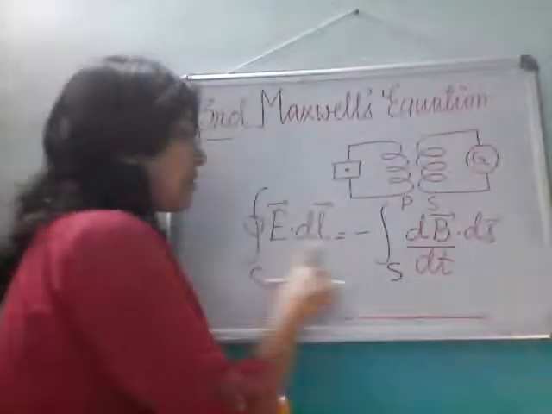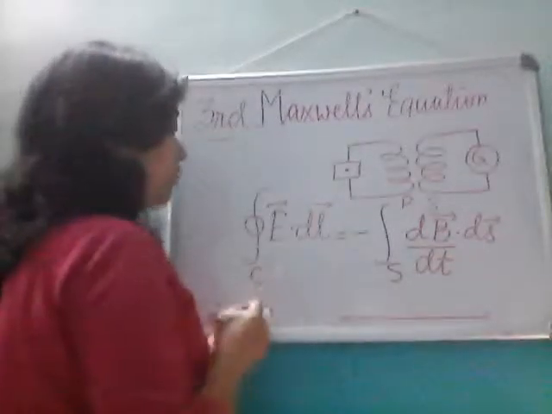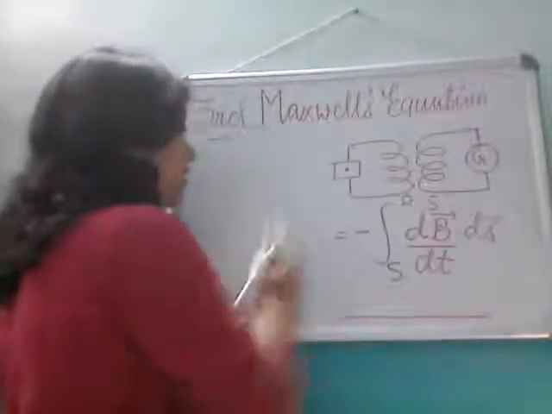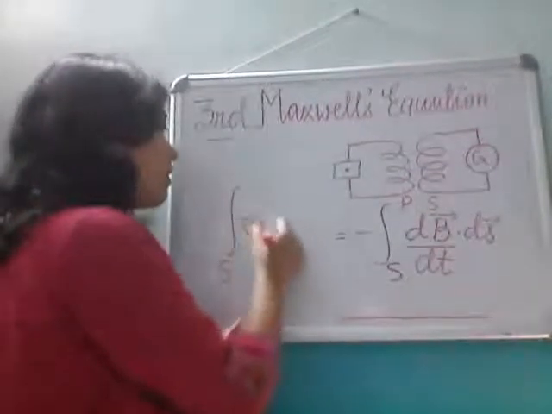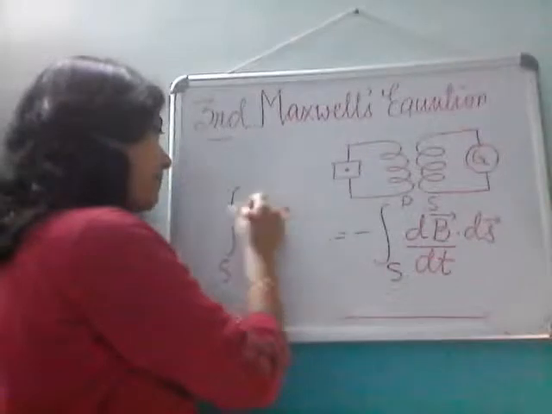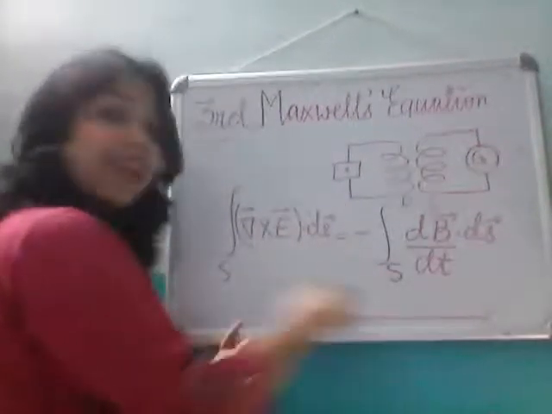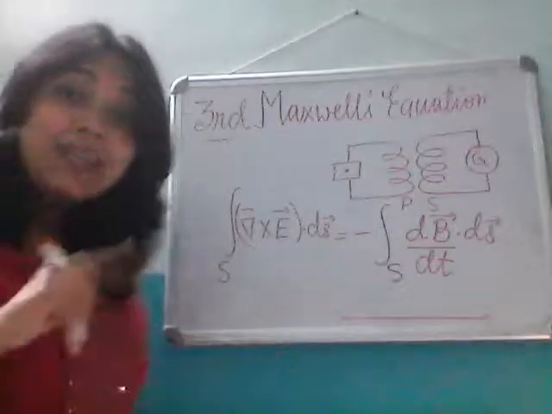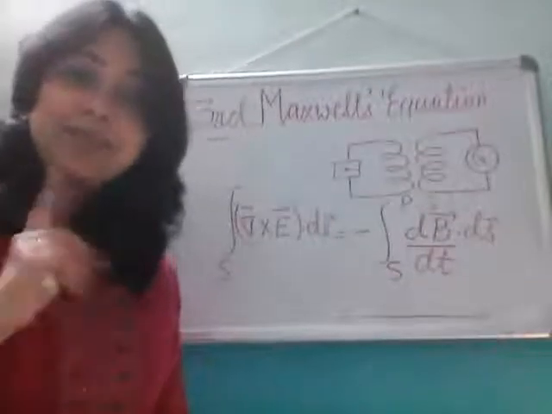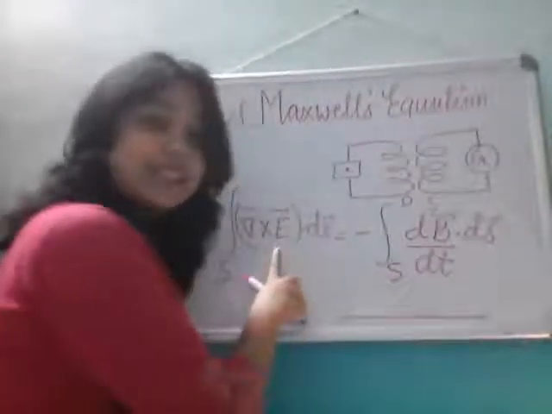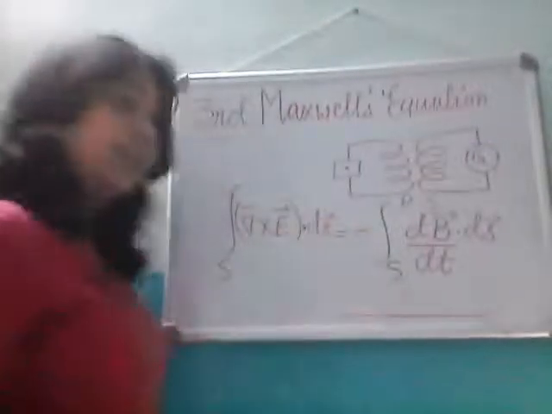So how can I use Stokes theorem over here? Remember, Stokes theorem relates a line integral into a surface integral. And I will now write this as the surface integral of curl of E over the same surface S. So E dot dl has been converted with the help of Stokes theorem into the curl of this electric field vector dot ds.